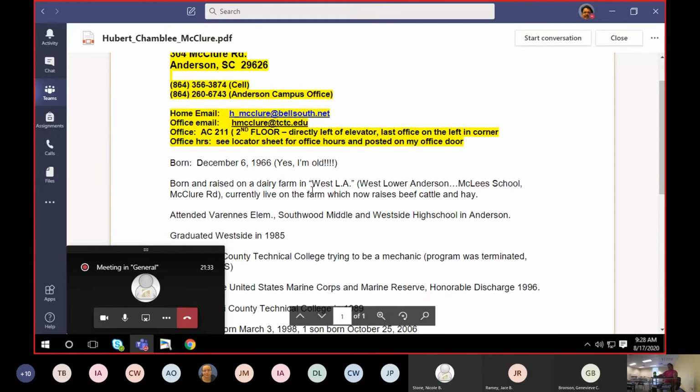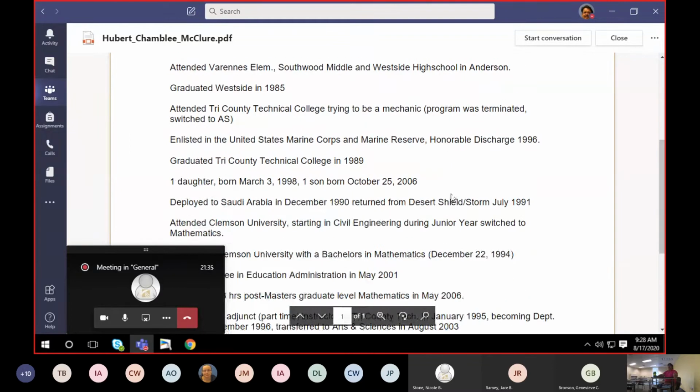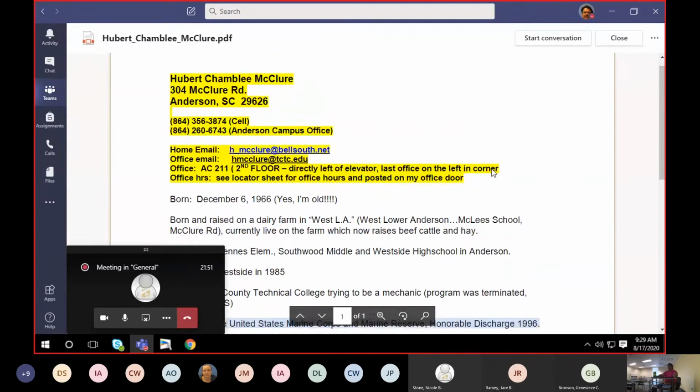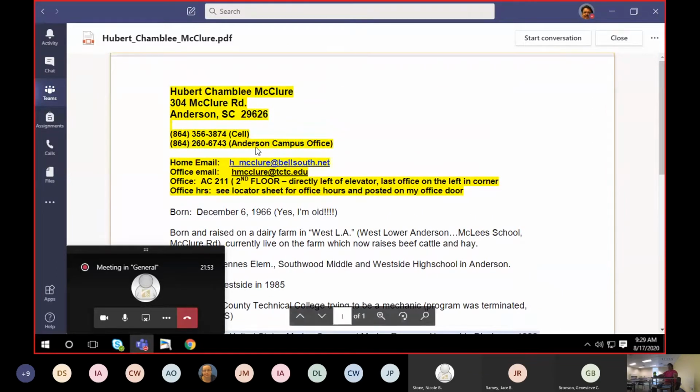But I think it's important. This is a test question right there. That is a test question. That is a bonus question. Please do not get that wrong. And this yellow area right here is a bonus question.